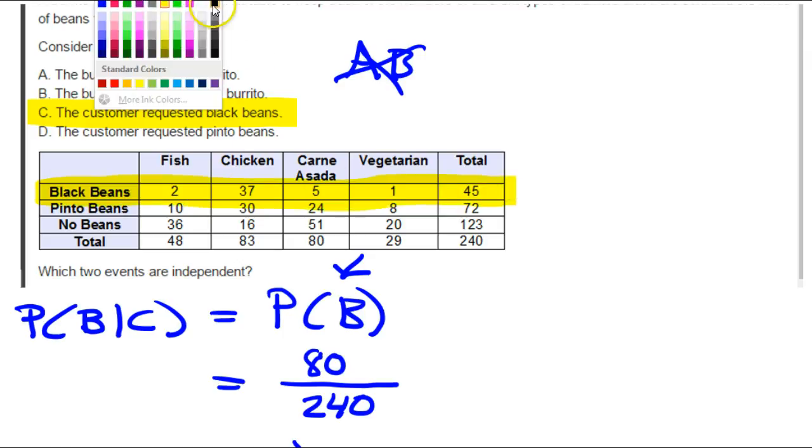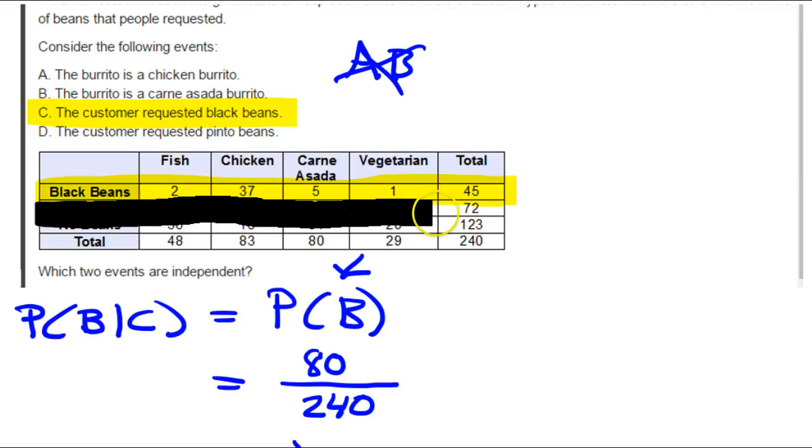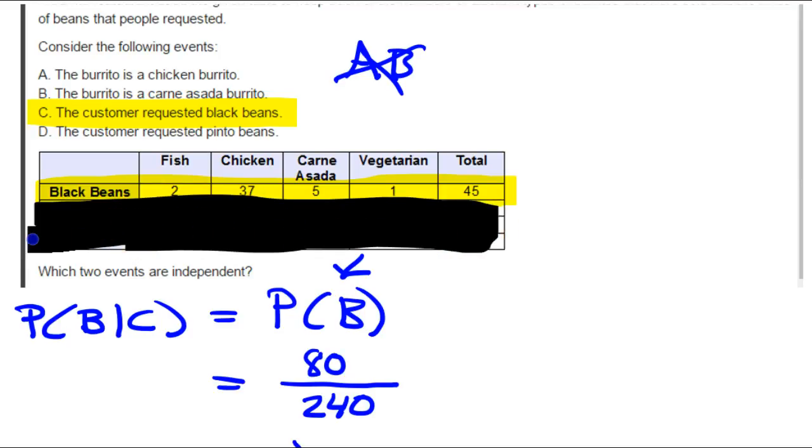That means we can forget about the rest of all of these. The universe is now just black beans. So in this smaller universe where we're given C, what's the probability of B?